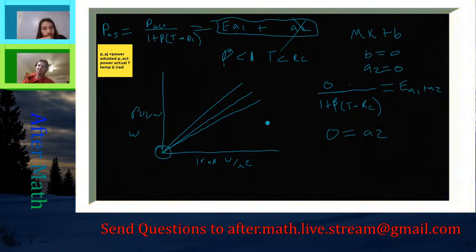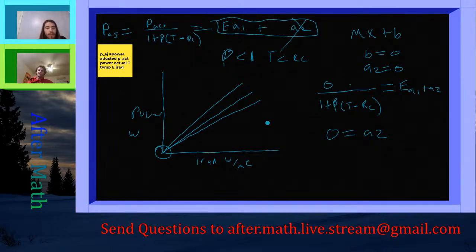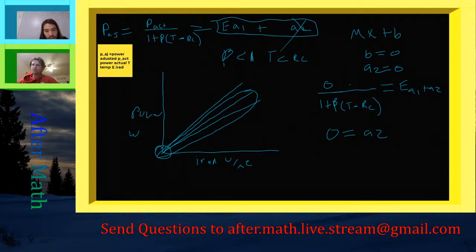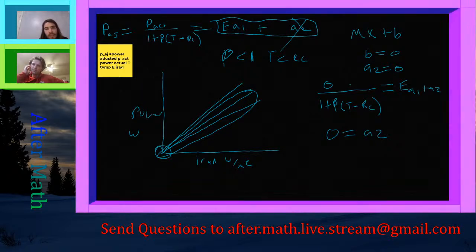So the power adjusted would essentially be like this line, I believe. Like if we said this middle line is as if temperature didn't exist, or a perfect reporting condition in which the modules are rated and tested at a specific temperature.